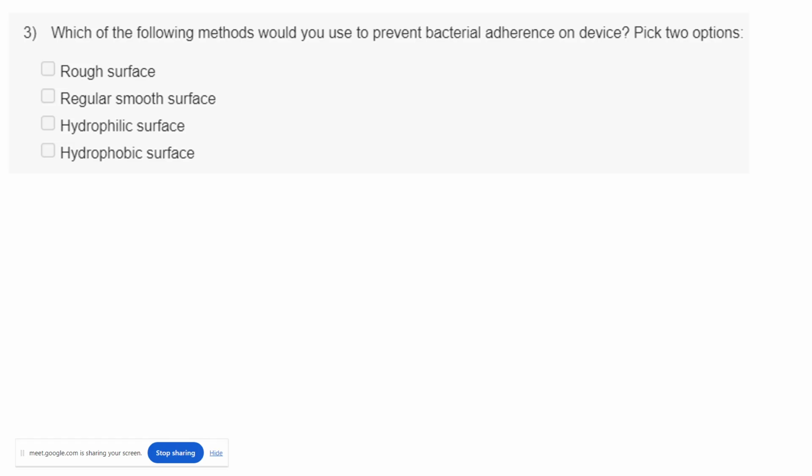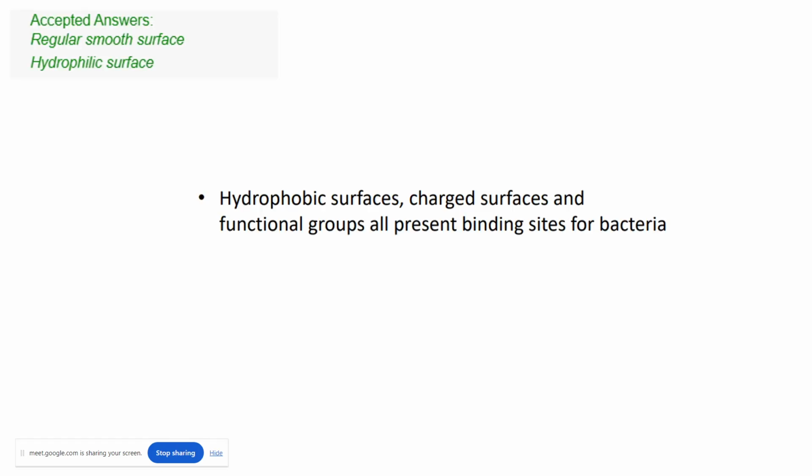Yes, these two options will be correct: regular smooth surface and hydrophilic surface. So these two surfaces will provide you less area for adherence, or less interactive forces for cells to adhere.